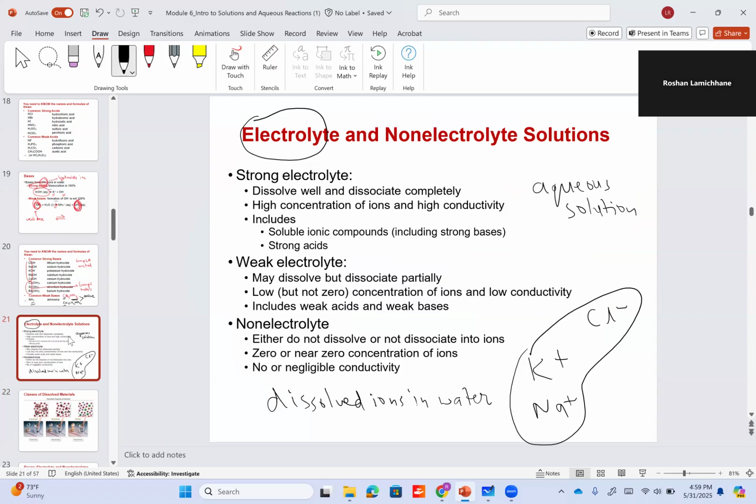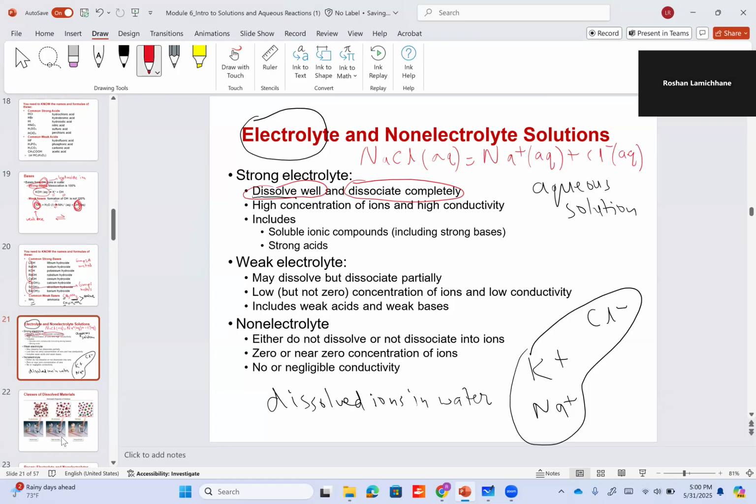So here are the definitions. The idea behind all this is that for electrolytes, you should have ions in solution, meaning that the salt, or any chemical of interest, should dissolve well in water and then dissociate completely. For example, sodium chloride is a strong electrolyte because it dissociates into sodium plus and chloride minus ions.